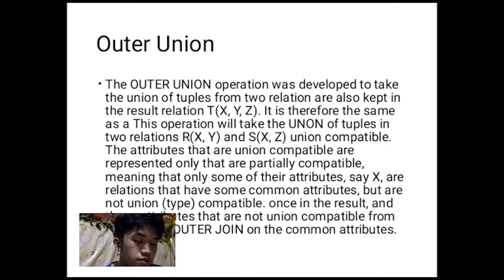The attributes that are union compatible are represented only that are partially compatible, meaning that only some of their attributes, say X, are relations that have some common attributes but are not union compatible. Once in a result, those attributes that are not union compatible from either full outer join and the common attributes. So mura to ko ang report.